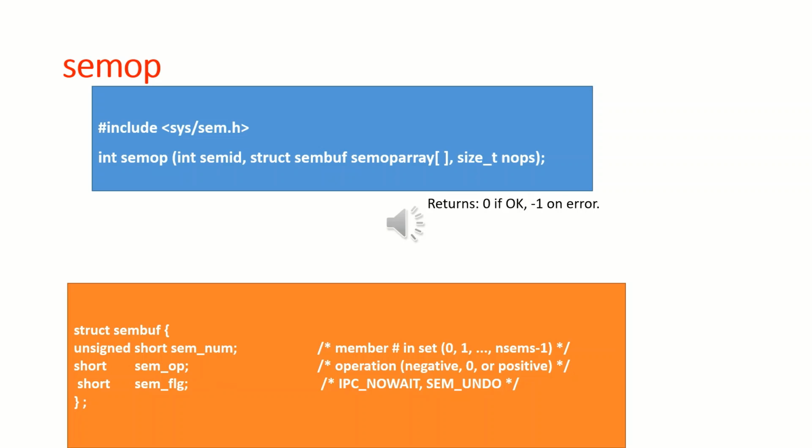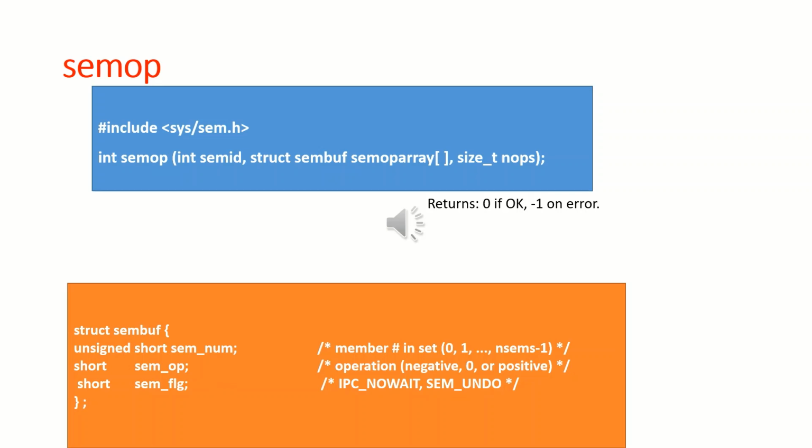The semaphore array argument is a pointer to an array of semaphore operations represented by the sembuf structure. The structure contains an unsigned short sem_num, the member number in the set from 0, 1 to nsems-1.